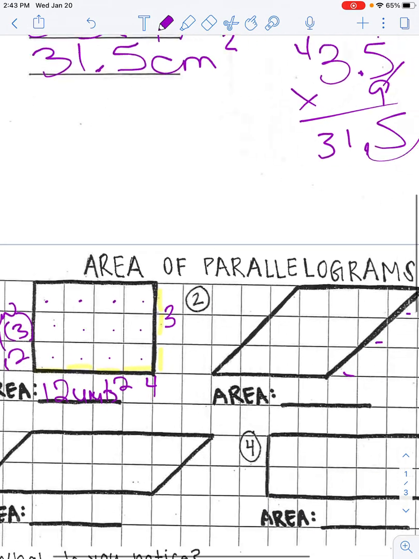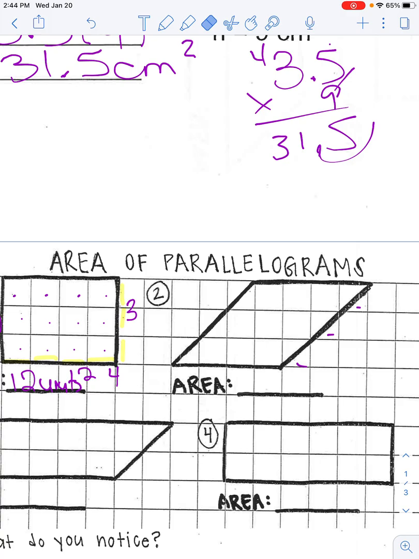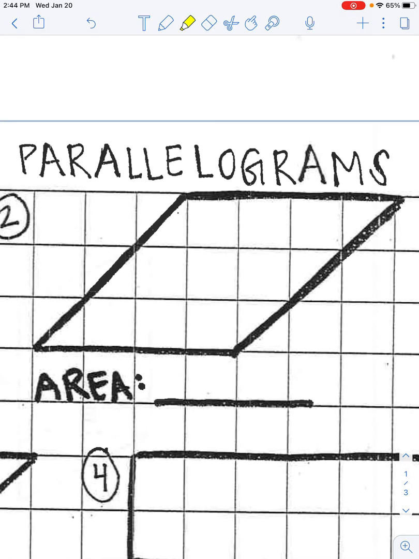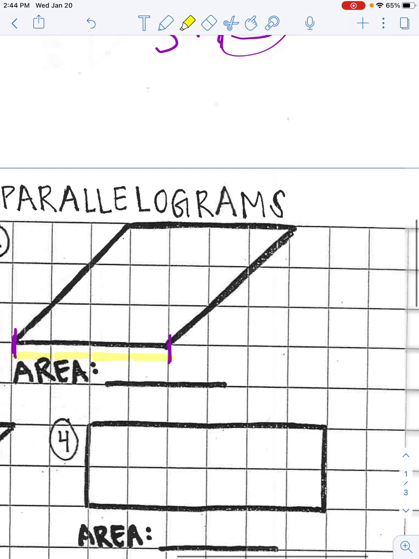Okay. Over here, we have a parallelogram. Here's how we're going to look at this one. The base is the bottom, what it is sitting down on. You're going to go from point to point. So there is 1, 2, 3, 4 units.